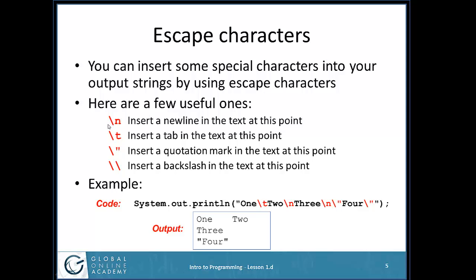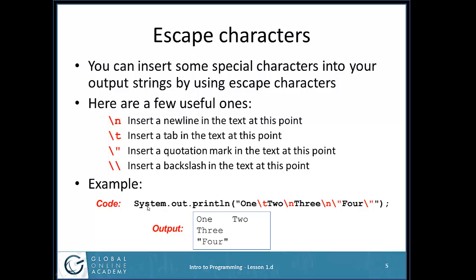If you include \n, it inserts a new line of text. If you insert \t, that gives you a tab. \" will actually include the double quote character in your output. And \\ is how you would include a backslash in your output.